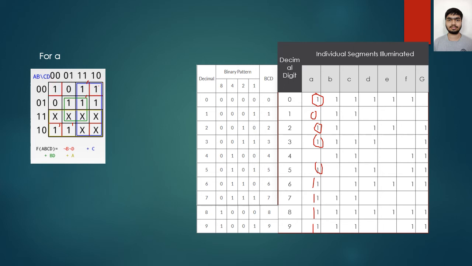Now we can see what we have, and we can make groups in this.